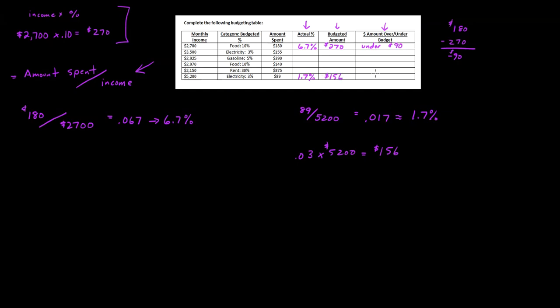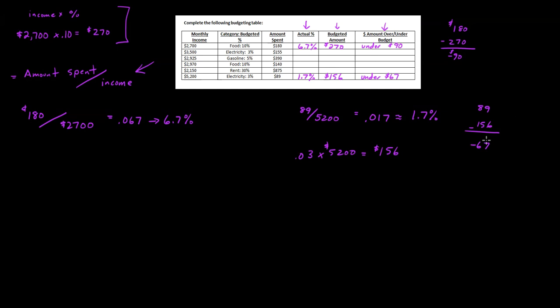So now we say, well, did I go over budget or under budget? It looks to me here like if we only spent 89 and we had budgeted 156, we were under budget. So we'll go 89 here minus the 156 we had budgeted. We're at negative $67. So we are under budget by $67.